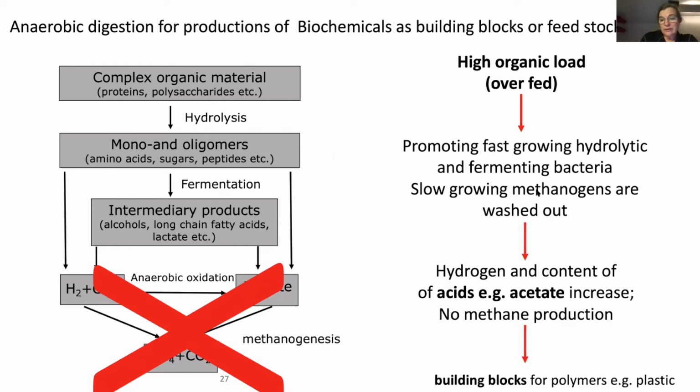But the slow-growing methanogens, which perform this step, get washed out because they cannot take the speed at which this is produced. That means the hydrogen content and the acid content increase, and there's no longer methane production. But from those acids, for example, you can make a building block for polymers like plastic.